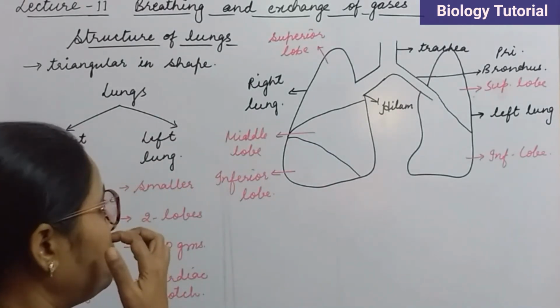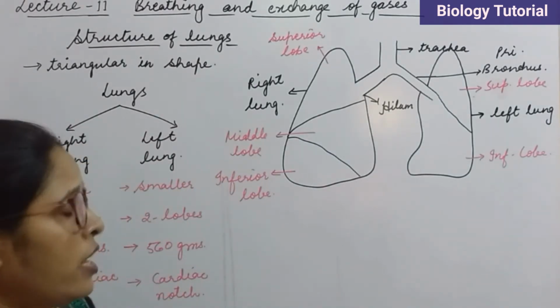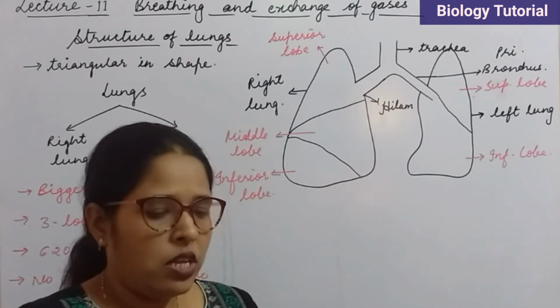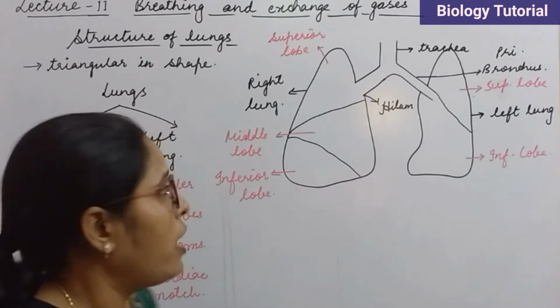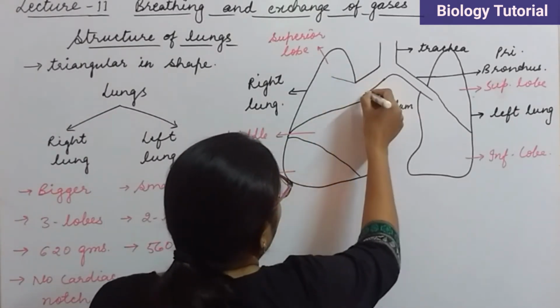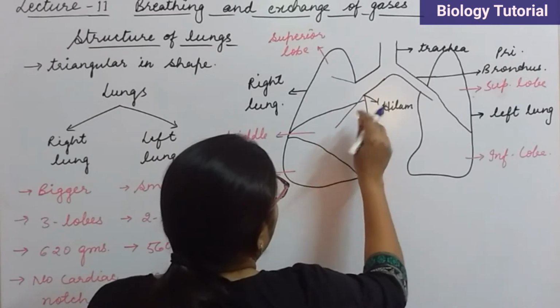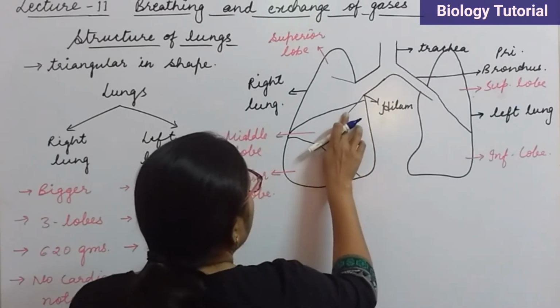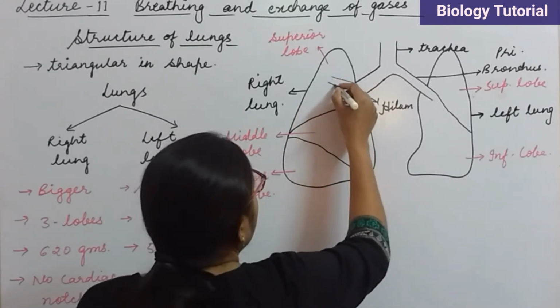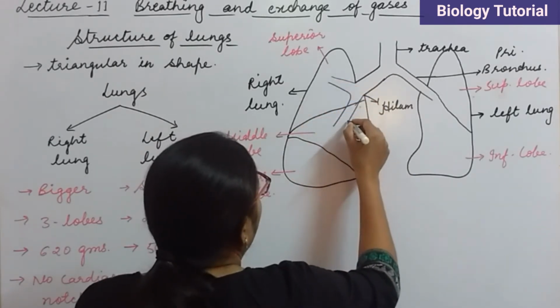Now the primary bronchus divides into secondary bronchi. So here are the branches of bronchi. This bronchus divides into 3 branches.